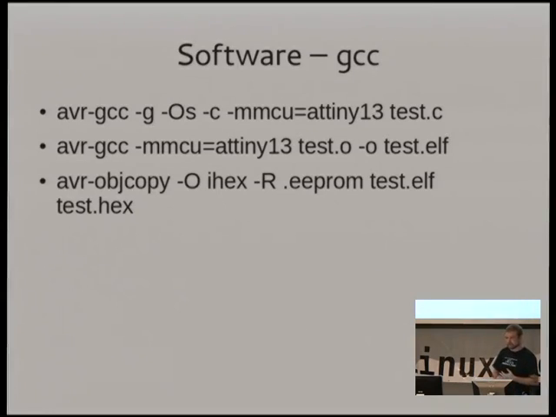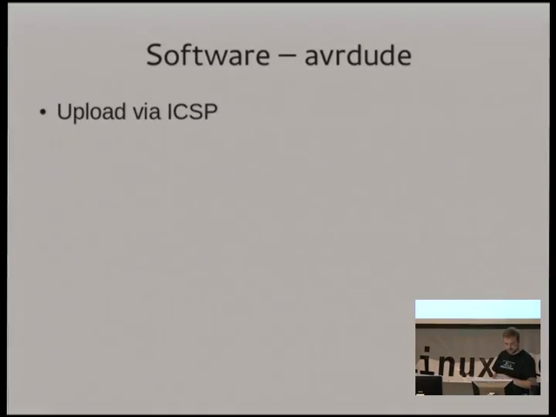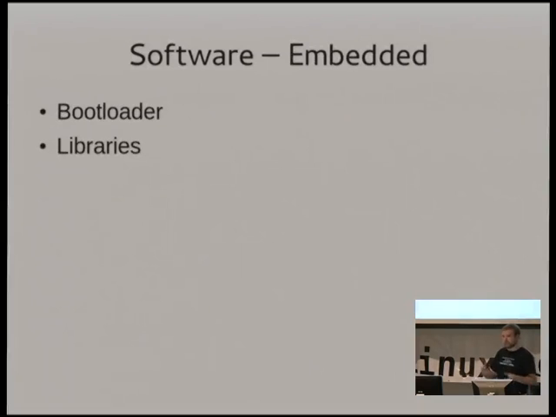You'll also want the AVR libc packages so that you can actually compile usefully and do things without having to do everything in assembly. AVRDude uses the ICSP mechanism I mentioned earlier in order to actually upload things. So you don't need to have a valid bootloader that you can have serial communication with. You can, and that's an option, but you don't have to.